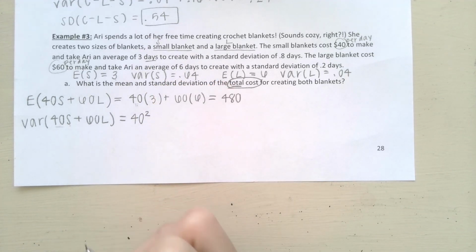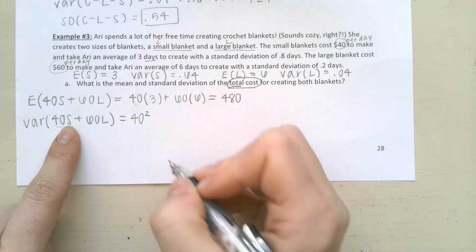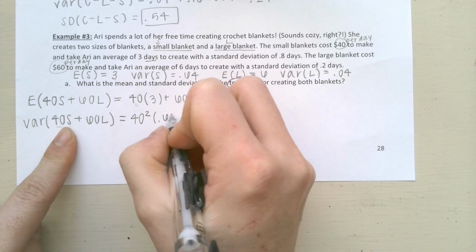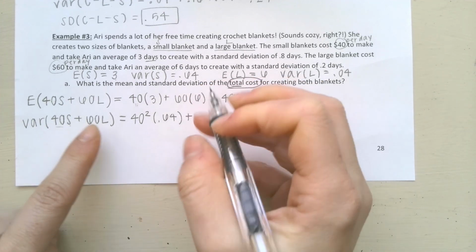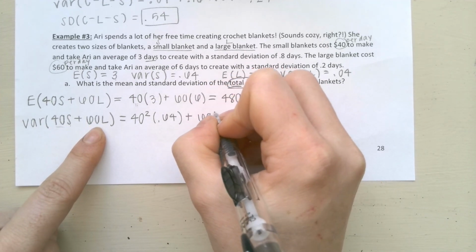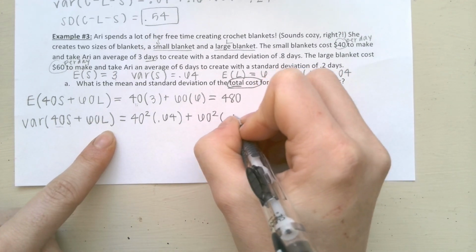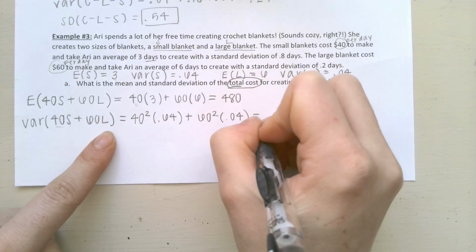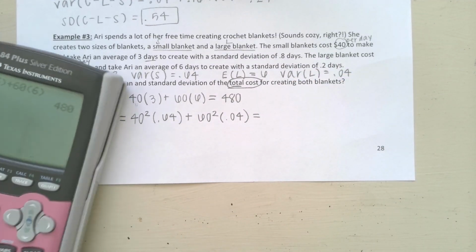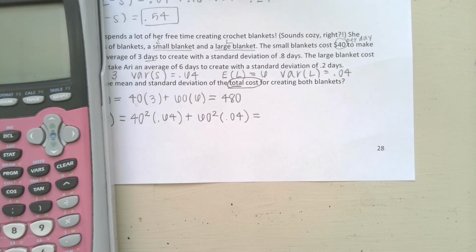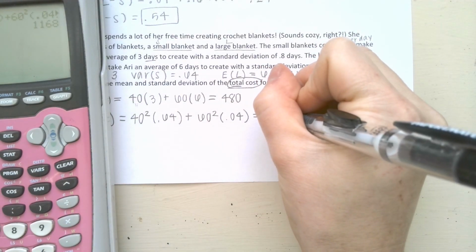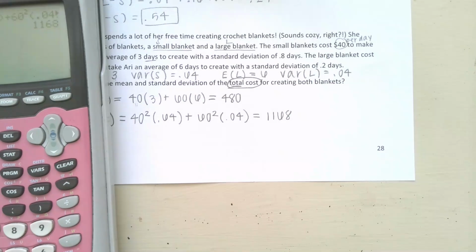So I'm going to do 40 squared times the variance for S, so the 0.64, plus the 60, which is a constant, so it's squared, times the variance for L, we get 1,168.